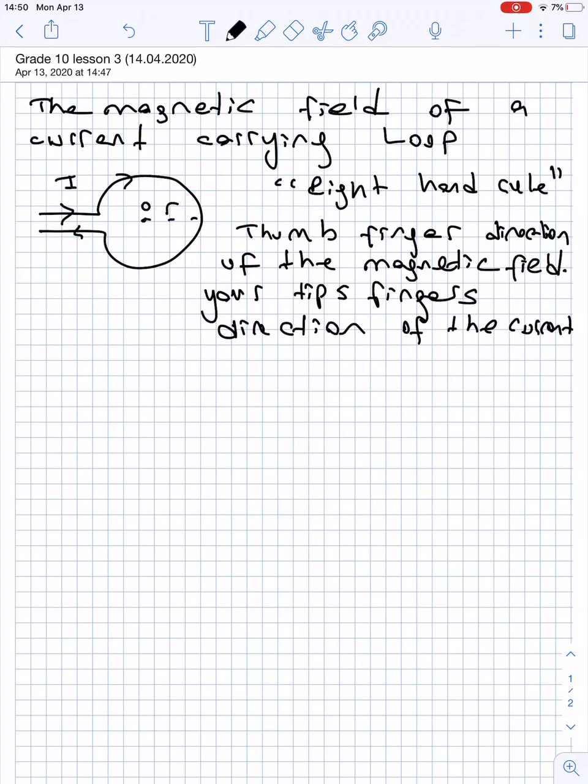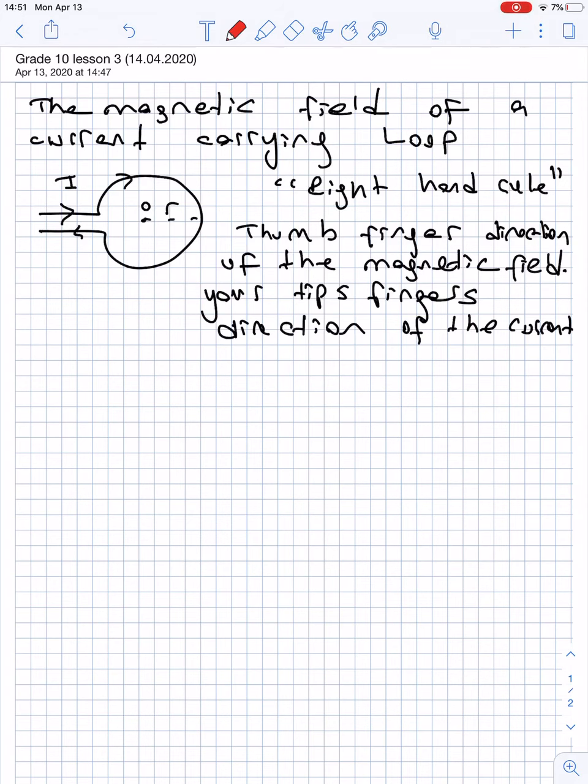When I explained how to find the magnetic field of a straight wire, our thumb showed the direction of the current, and the other fingertips showed the direction of the magnetic field. For this, it is opposite.